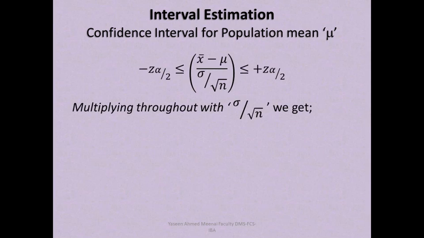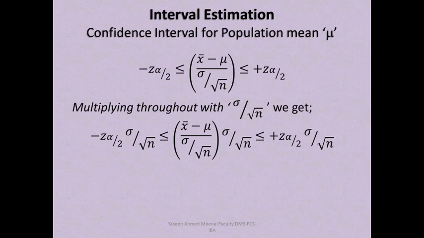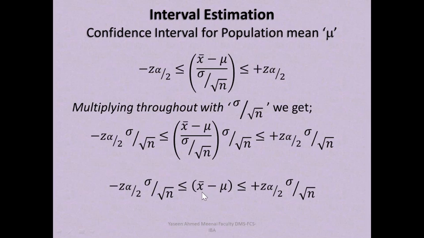If we multiply the inequality throughout with sigma over root n, sigma over root n and sigma over root n cancel out, and we get this form.